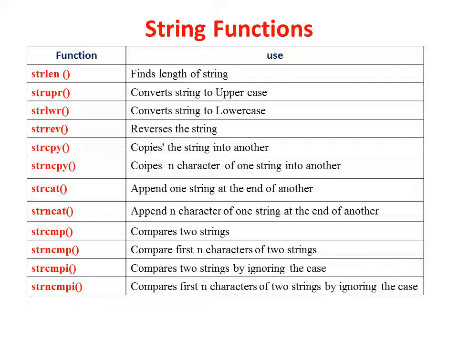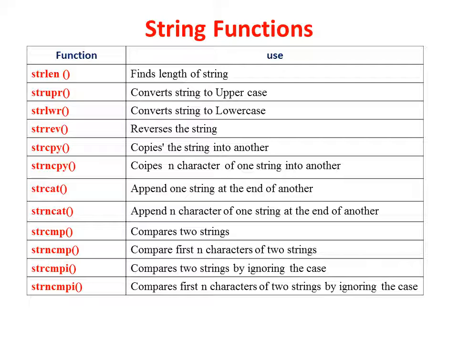All of these functions start with str, which is a short form for string, followed by the action carried out by that function. Here len indicates length, upr is for upper, lwr is for lower, rev for reverse, cpy for copy, and so on.